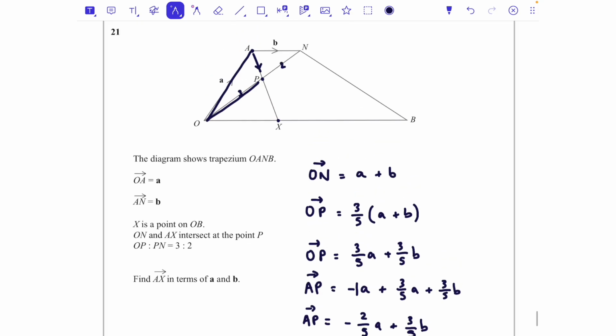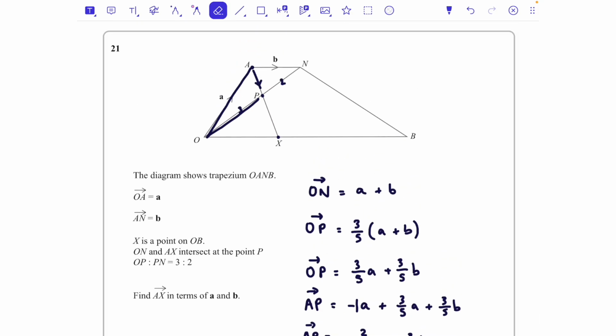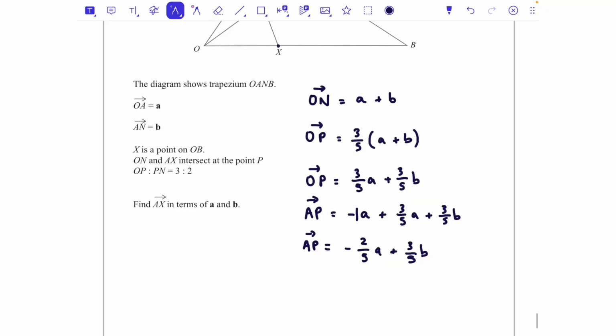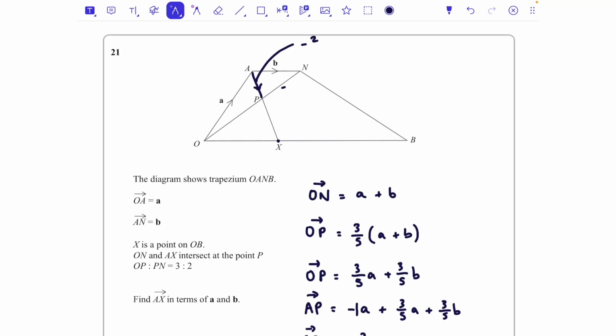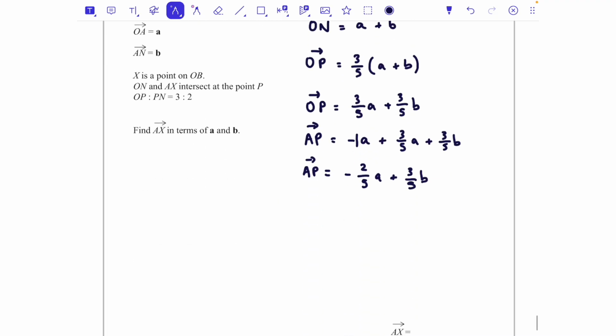Okay. Now I've got no way of getting down to X, I just don't have the information. But I've just worked out that this bit here is minus 2/5 A, add 3/5 B. And we know that because APX is a straight line, it's just a longer version to get from A to X, which means that A to X is taking this vector here and just multiplying it by a number.